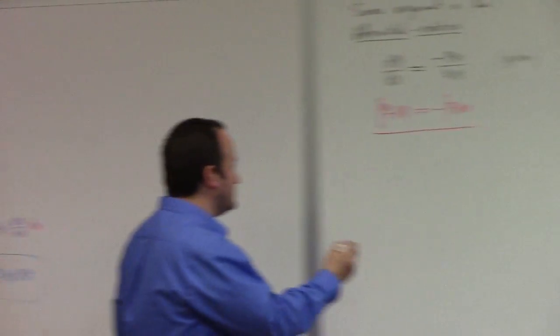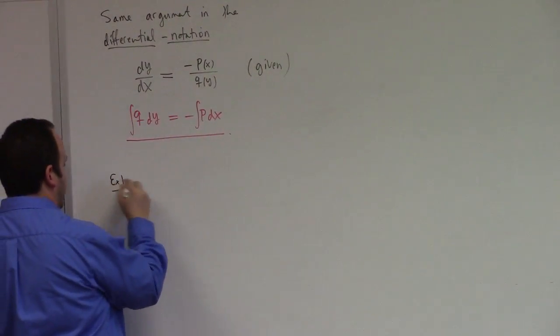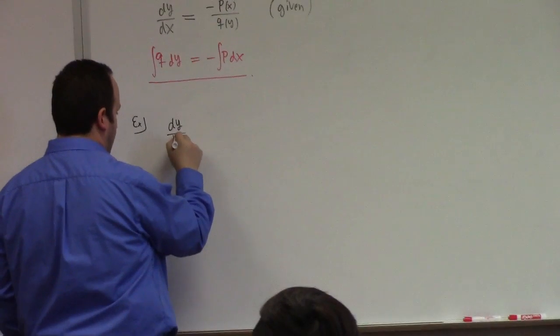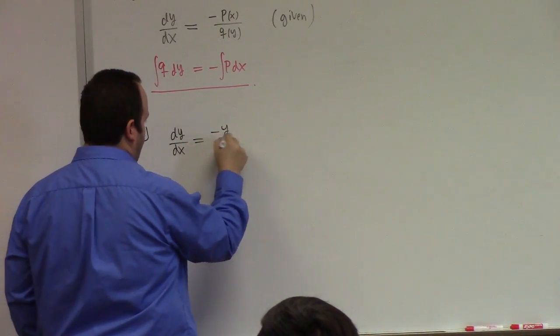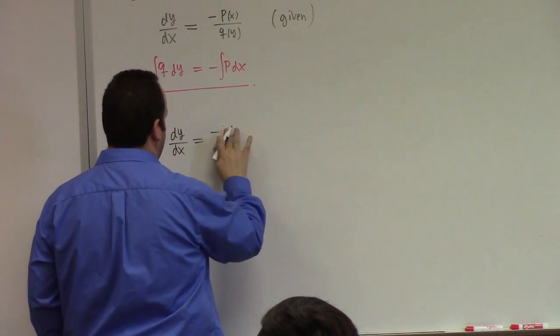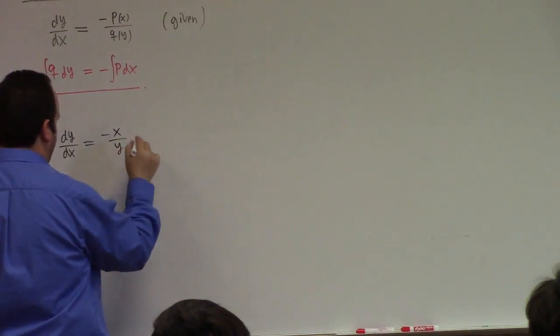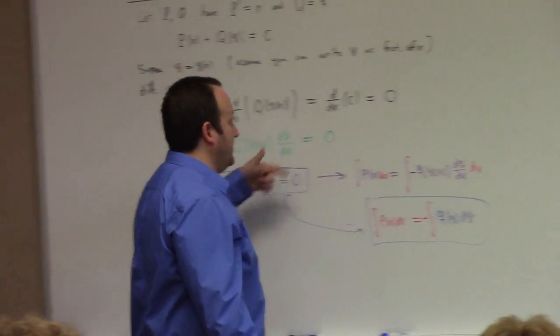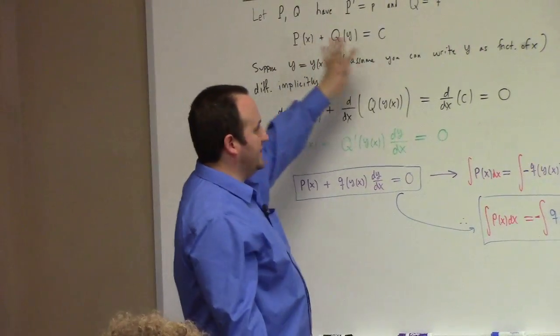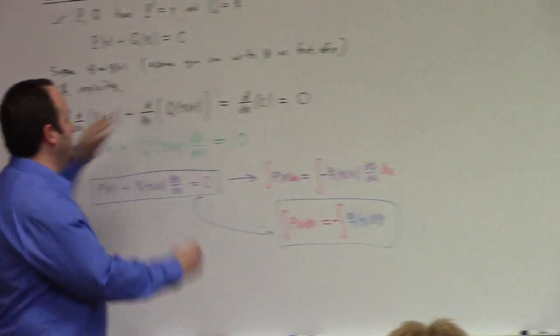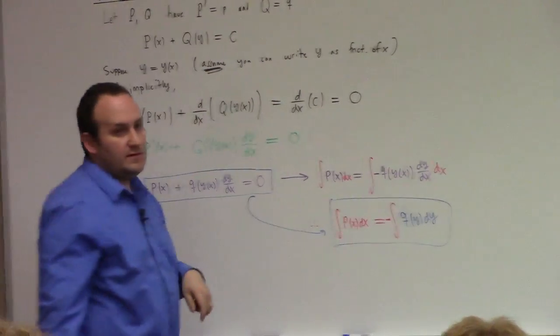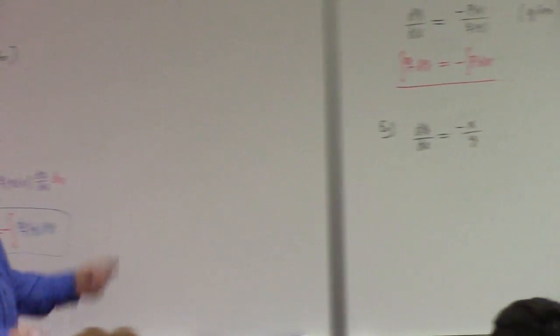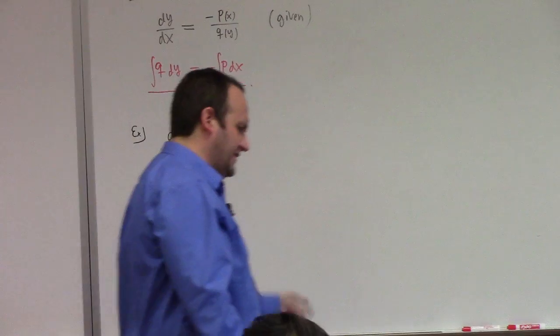Okay, so examples. How about this? dy dx is equal to minus x over y. There is still a giant gaping hole in this whole discussion, this assume business. How do you know you can write y as a function of x locally?